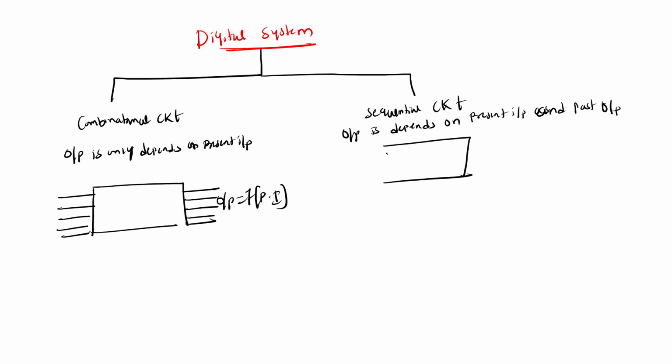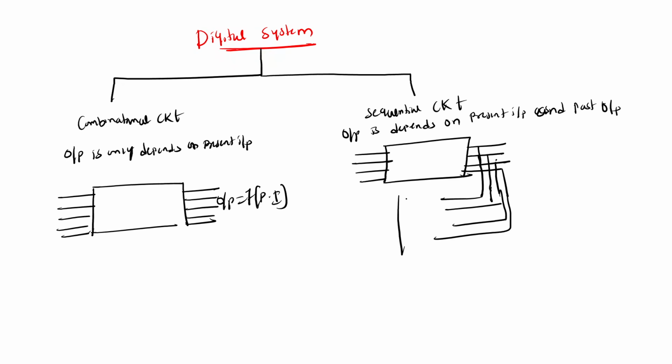That means you have inputs and you have outputs. The output will be fed back through the memory element, it is given to some memory element, and from the memory element it is given to the input.